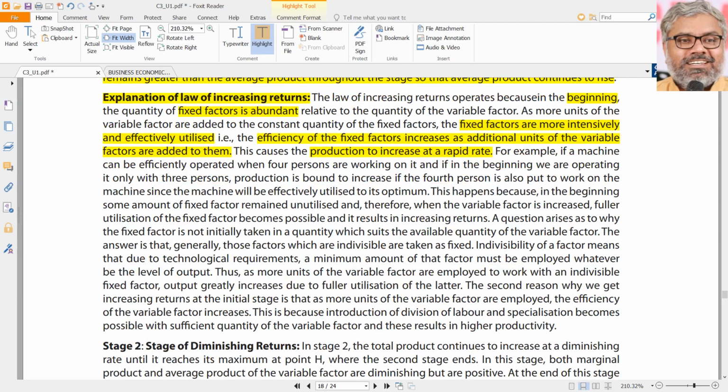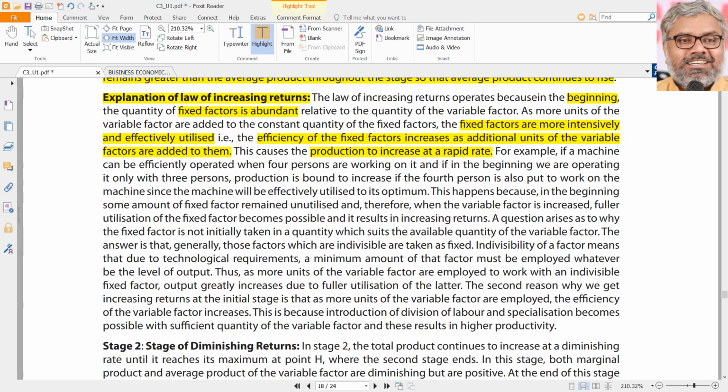Now, when there is an additional variable factor like labor being added, that is going to increase the output of the machine also. That is what happens when in the first stage, an increase in the variable factors will result in an increasing return overall. That is, in the total product also there will be an increasing return.